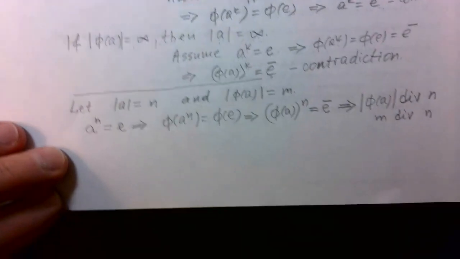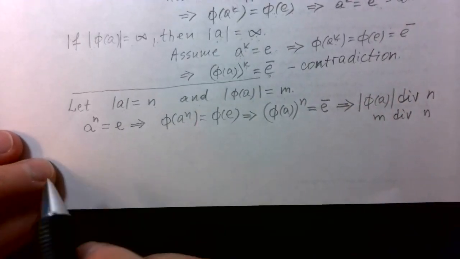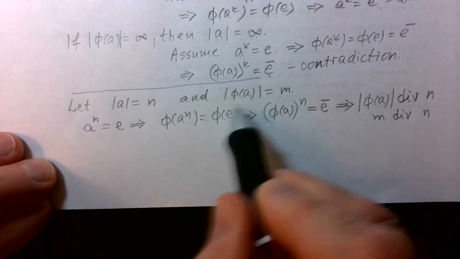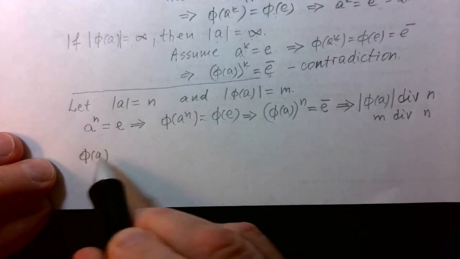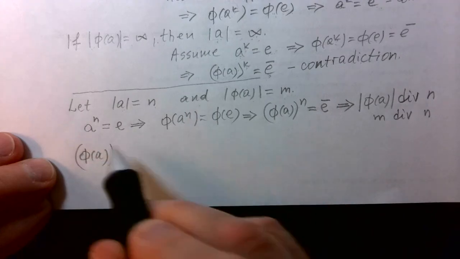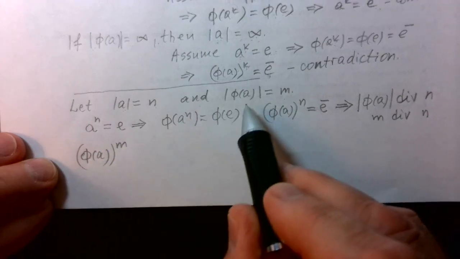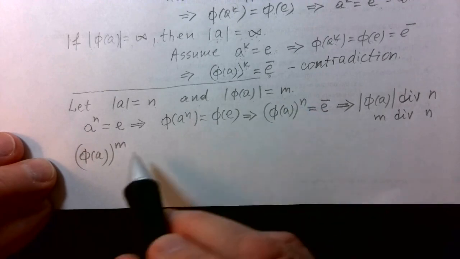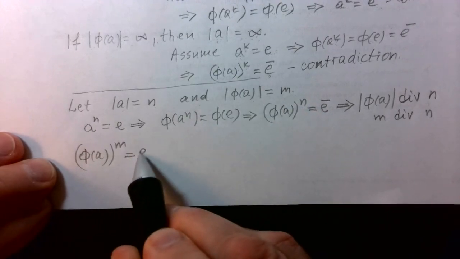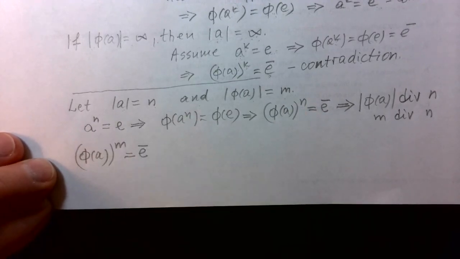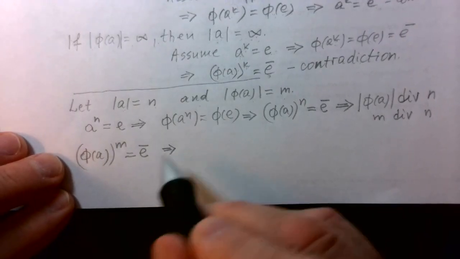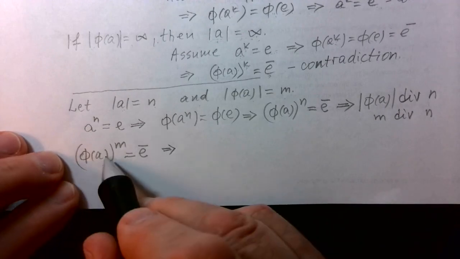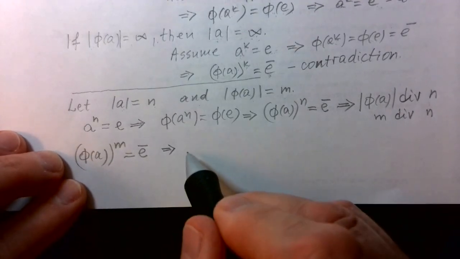Now start from this. Raise phi of a to the power m. Because m is the order of phi of a, this must be e bar. Now we can write it this way. The left-hand side can be replaced with something equal.